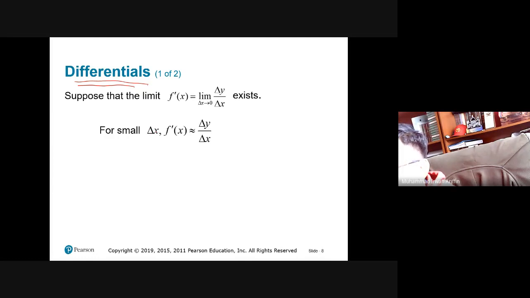For a small change in x, this value can be basically approximated by delta y over delta x. And because of this relationship, the change in y can be approximated by the change in x multiplied with the derivative, f prime of x.